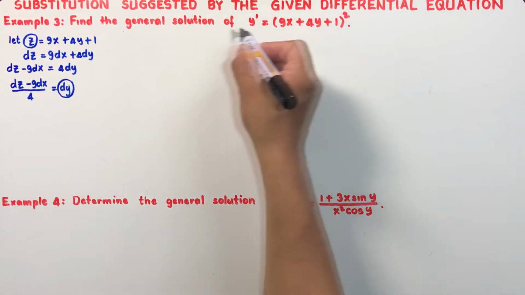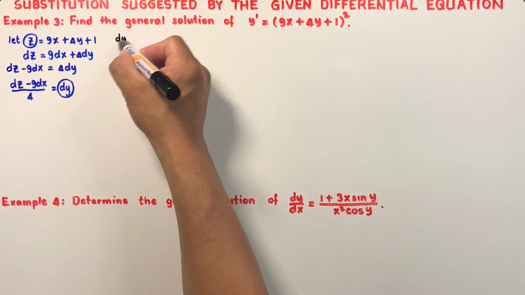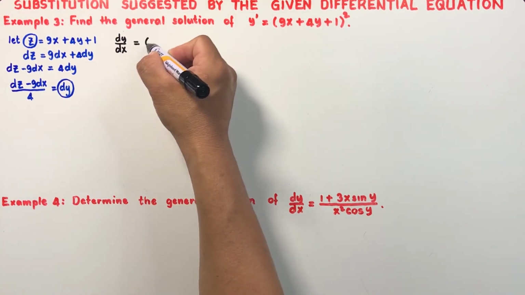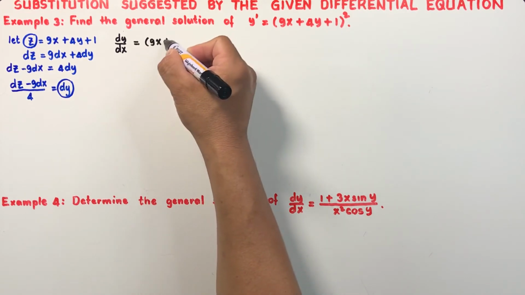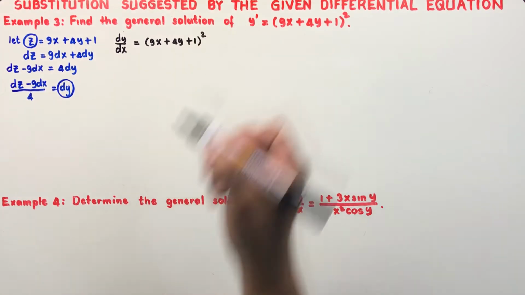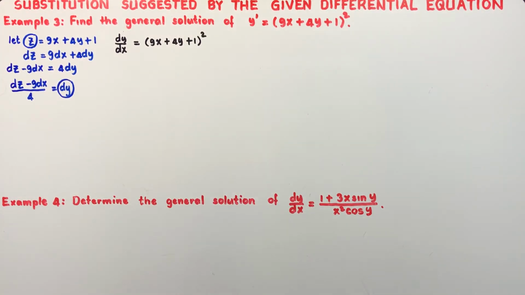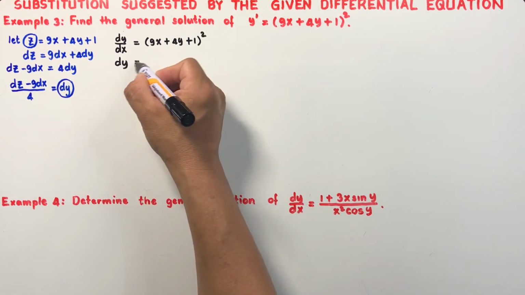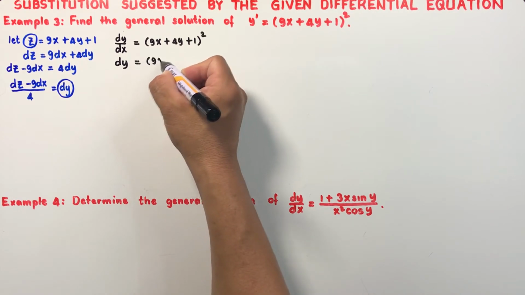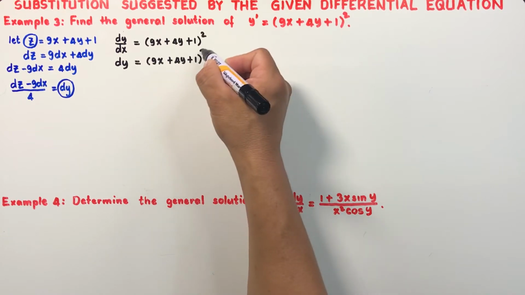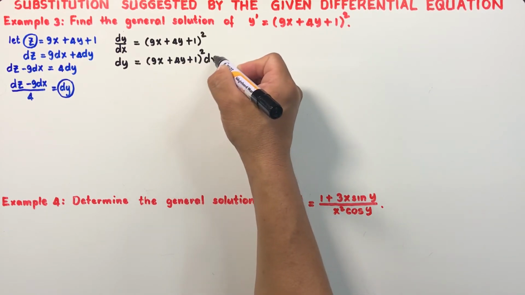So rewriting this y prime as derivative of y with respect to x, this is equal to (9x + 4y + 1) quantity raised to the second power. Now, multiplying both sides of the equation by dx, we have dy, which is equal to (9x + 4y + 1) quantity squared times dx.